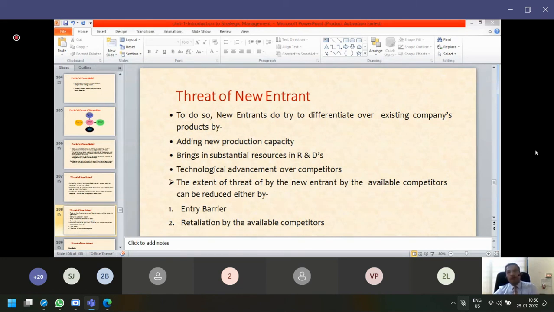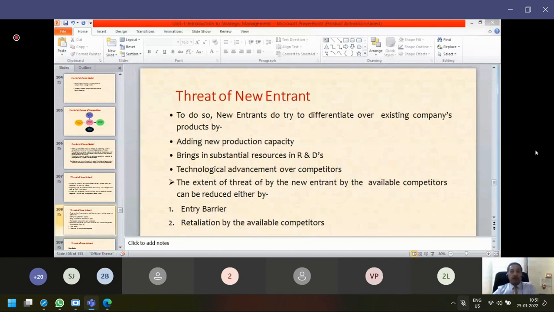They will add some new production capacity which can produce the highest number of goods or units in lesser time, bringing in substantial resources in research and development. They will invest more in research and development to produce innovative products with new features which the existing companies do not have.